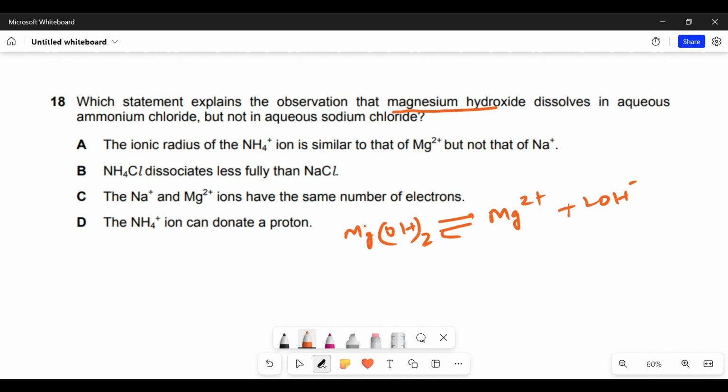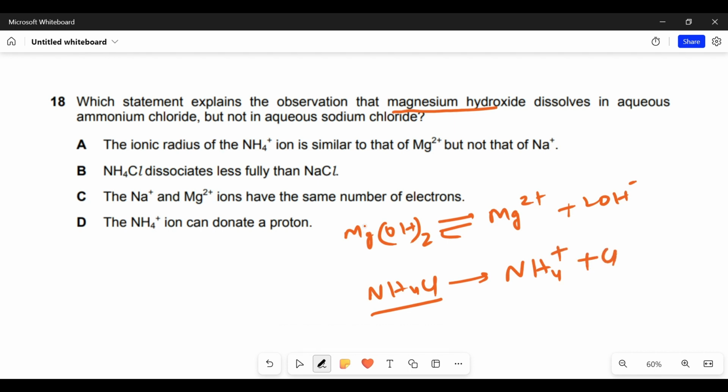When you dissolve magnesium hydroxide into ammonium chloride, NH4Cl, which is a completely soluble salt, NH4Cl dissociates into NH4+ and Cl minus. This NH4+ acts as an acid, and it can react with OH minus ion which is present in the solution. It can give away its proton to OH minus ion to form NH3 ammonia plus water.